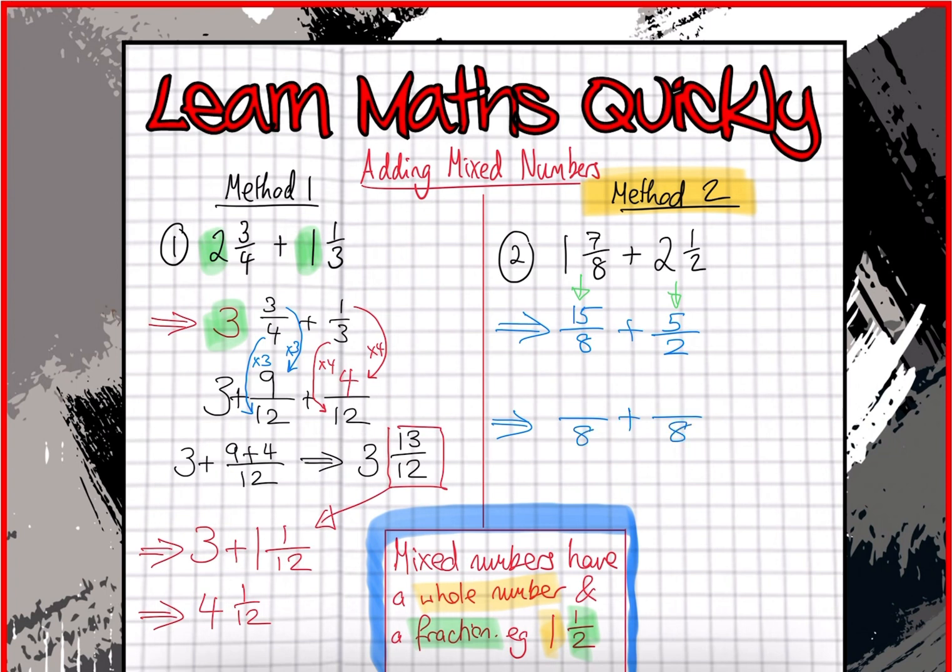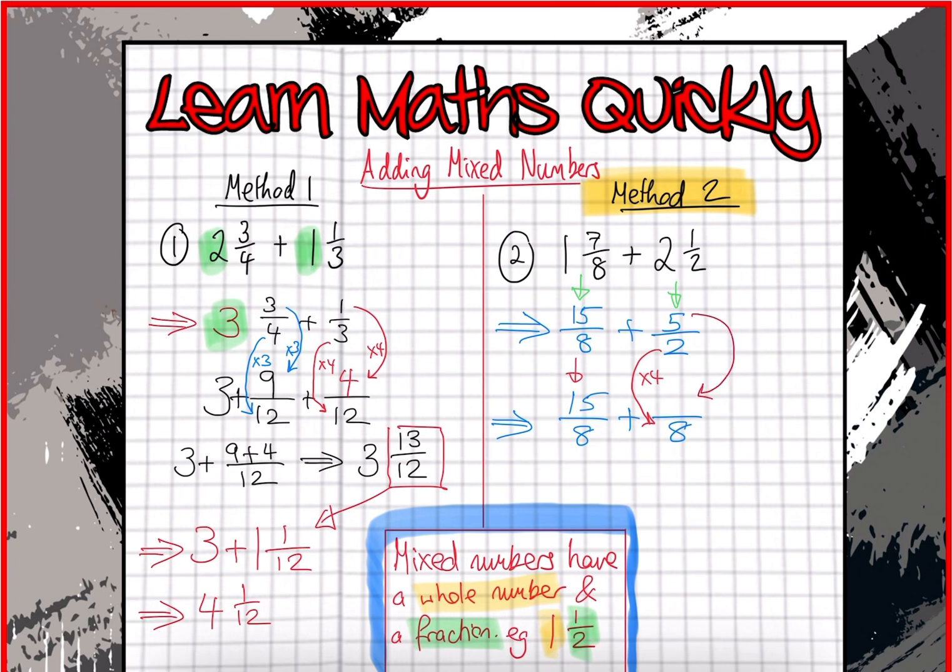So I'm going to write 8 as my denominator for both. And then I need to think, okay, is there anything I need to do to those numerators? Well, luckily enough for our first one, 15 over 8, it's already in 8s. So that can stay exactly the same. However, for our second fraction, you need to think, what do we multiply 2 by to get to 8? Well, we multiply it by 4. And because we've done that to the denominator, we must do the same to our numerator.